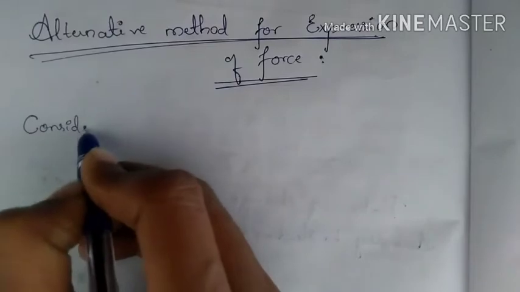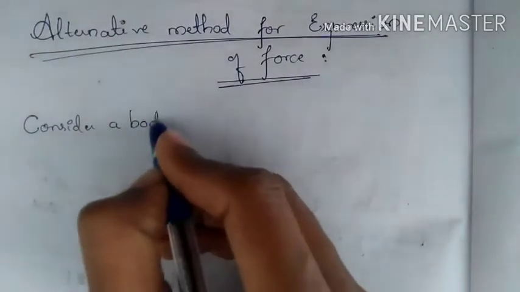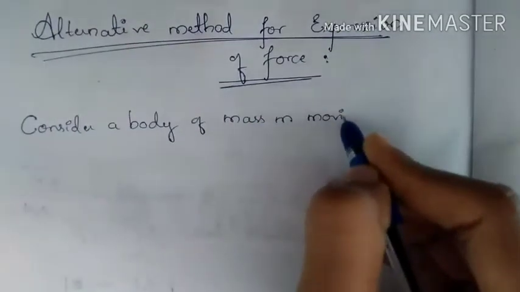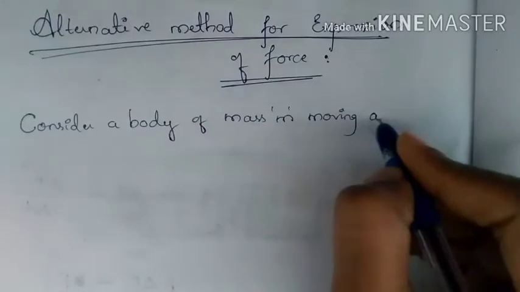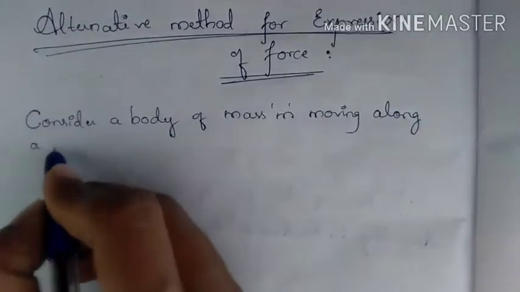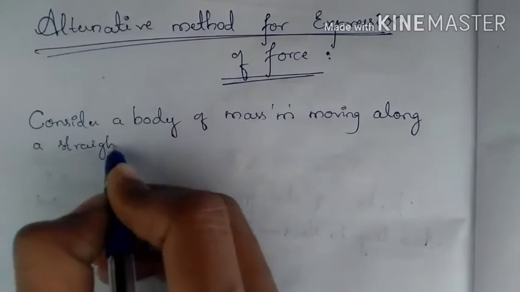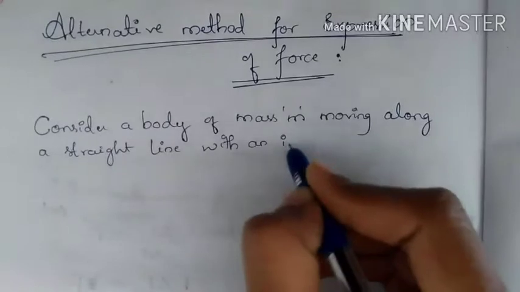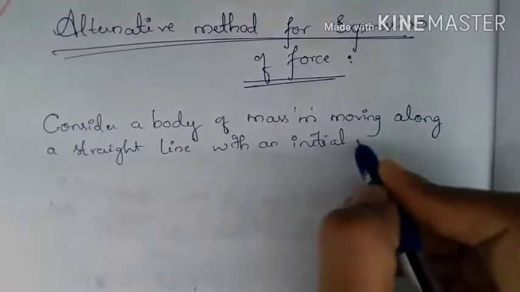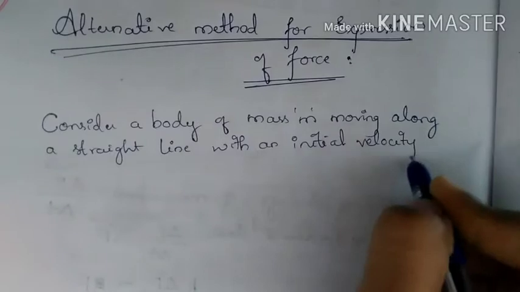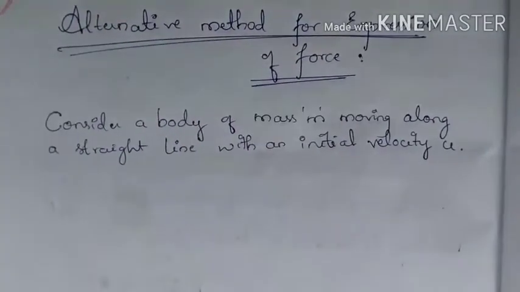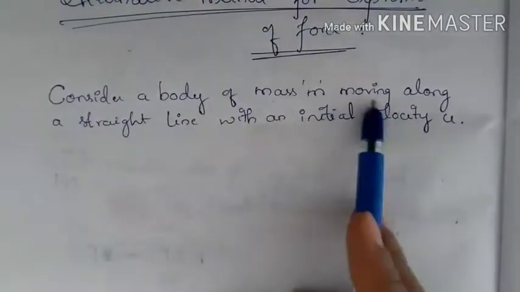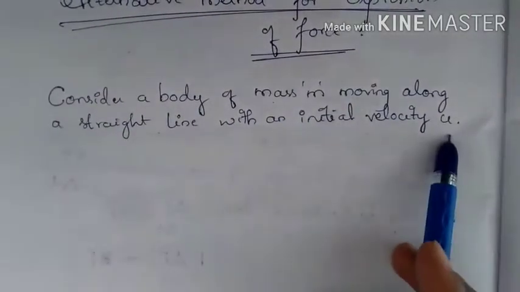So what we have considered here is a body of mass m which is moving along a straight line with the initial velocity u.